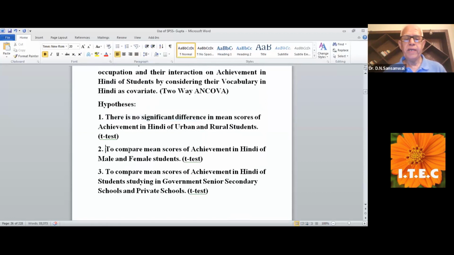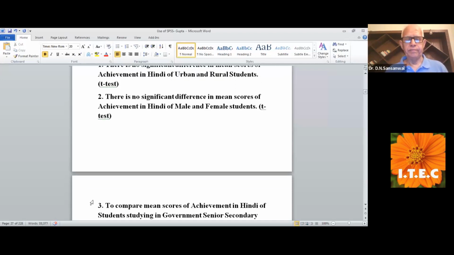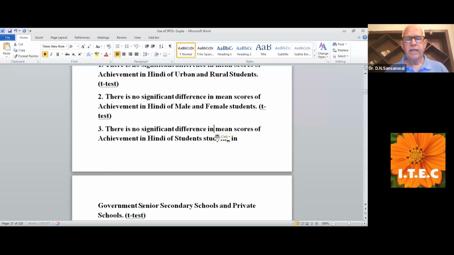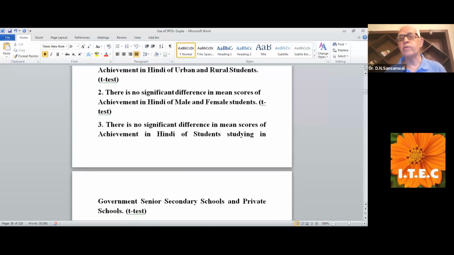This I can copy and I will change in the second one also. There is no significant difference in mean scores of achievement in Hindi of male and female students. Then another is, there is no significant difference in mean scores of achievement in Hindi of students studying in government schools, senior secondary schools, and private schools.